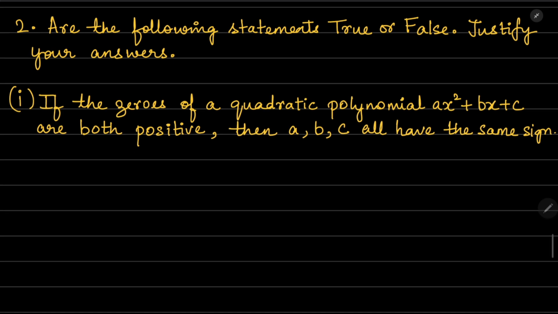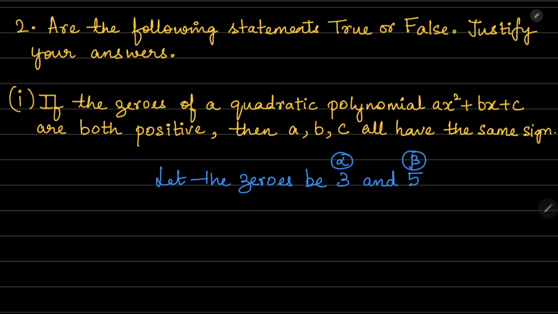So what is given? That the zeros are both positive. So let's take any 2 positive integers. Let the zeros be, say, 3 and 5 respectively. That means let alpha be 3 and beta be 5.